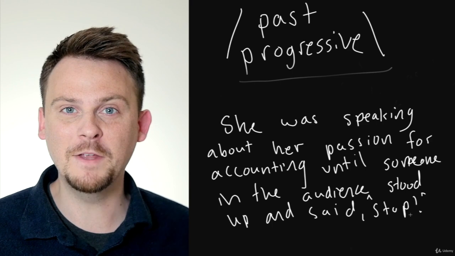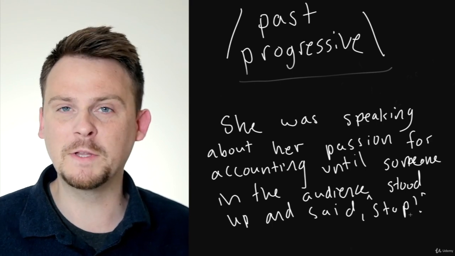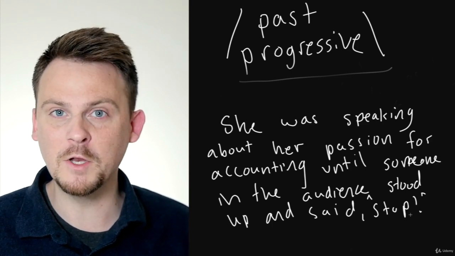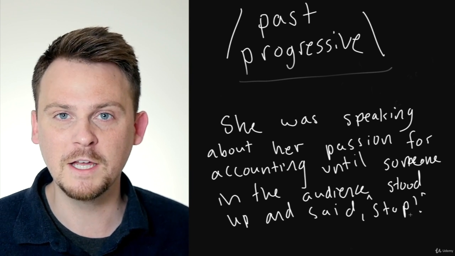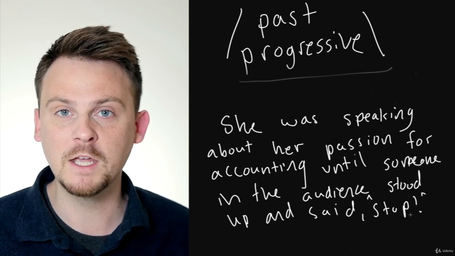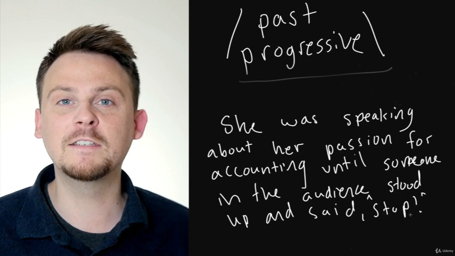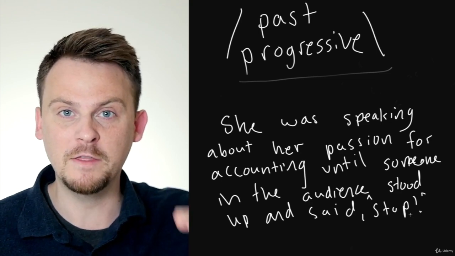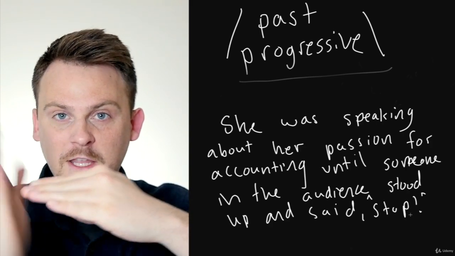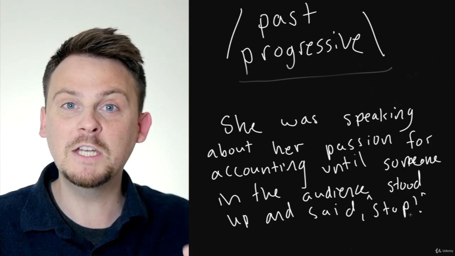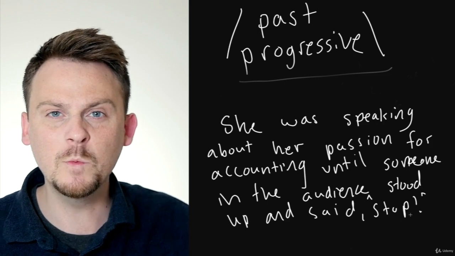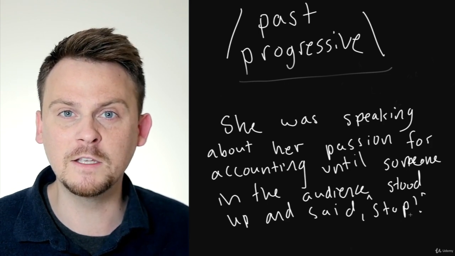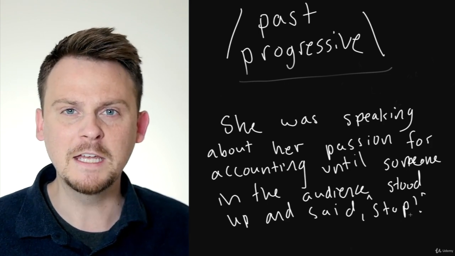That's the thing that happened. But if someone just stood up and said, "Stop," there would be no context, no situation. If we say, "She spoke," and someone stood up and said, "Stop," that's not really what was happening before. It doesn't give us a feeling of this action and then something that completely stops it. So we need to use was speaking here. She was speaking until someone in the audience stood up and said, "Stop."